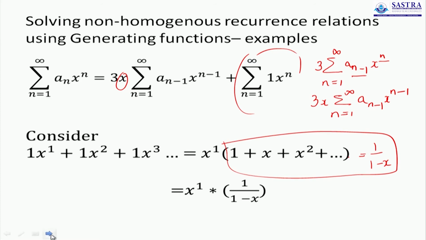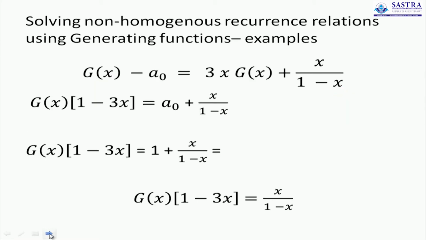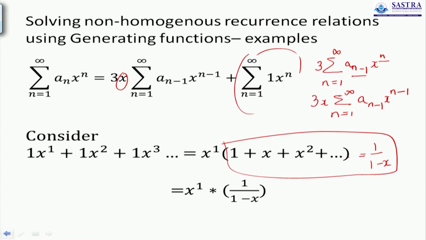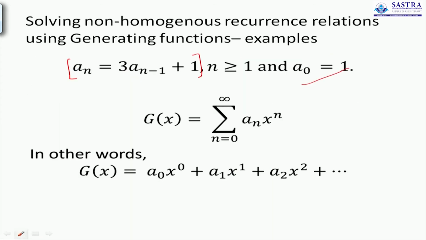we have g of x, which actually starts with a naught x power 0, but since the first summation was from 1 to infinity, we actually ended up having a1 x plus a2 x square, etc., so on, which is not exactly g of x, because g of x begins at a naught, our summation begins at a1.